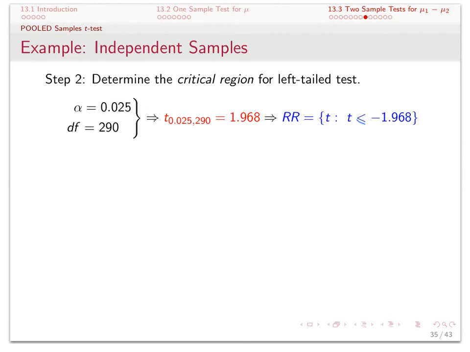It jumps between something like 200 to 300 degrees of freedom. If we look it up on a computer or using a calculator, it would tell us that the critical value for t of interest is 1.968. So our rejection region for this left-tailed test will be the set of t values where t is less than or equal to negative 1.968.